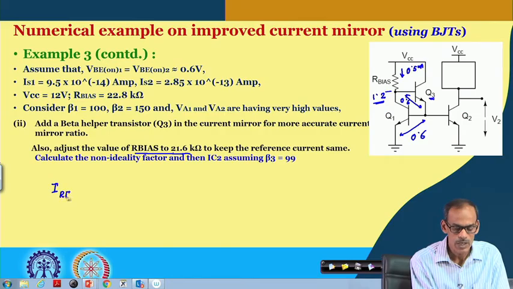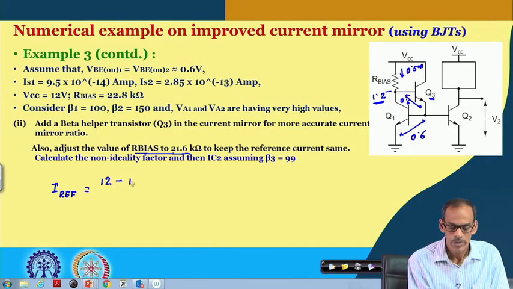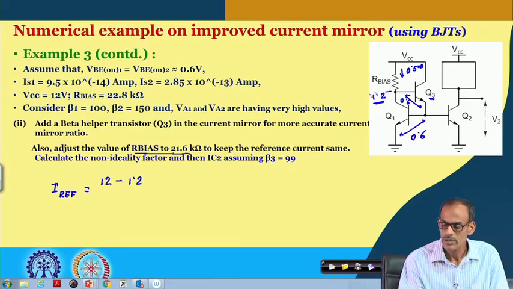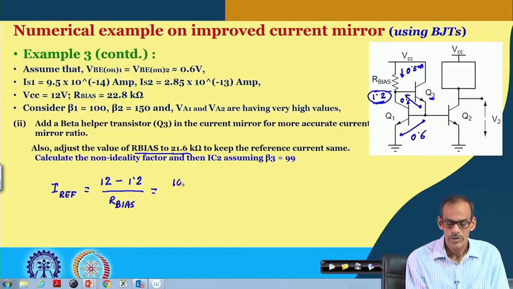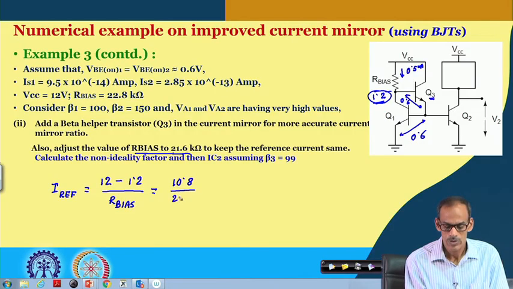So, I reference equals 12 volt minus 1.2 volt, divided by this R bias, which is 10.8 divided by 21.6.